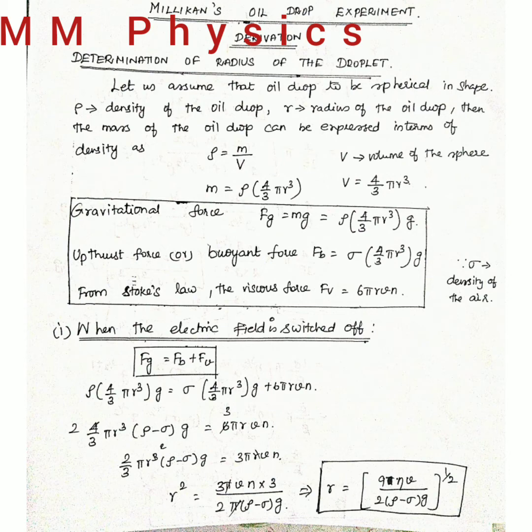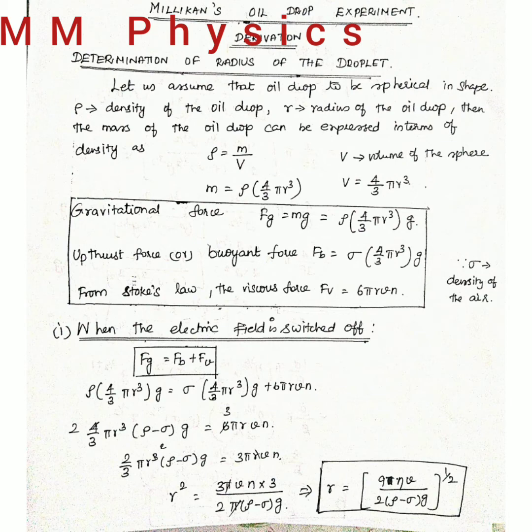First case, in the absence of the electric field, that is when the electric field is switched off, the gravitational force Fg is equal to Fb plus Fv.